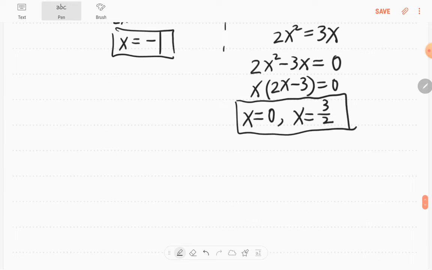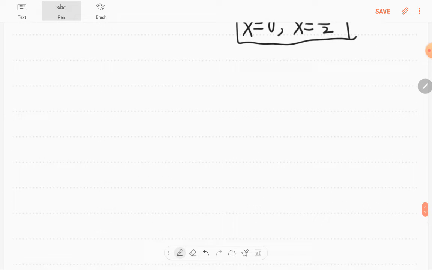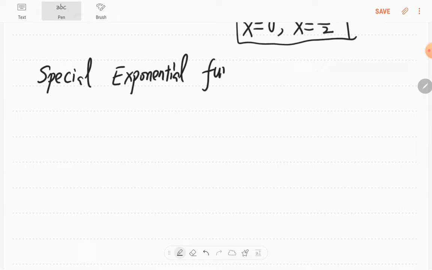So now let's look at a very special exponential function, which is the one where the base is e.